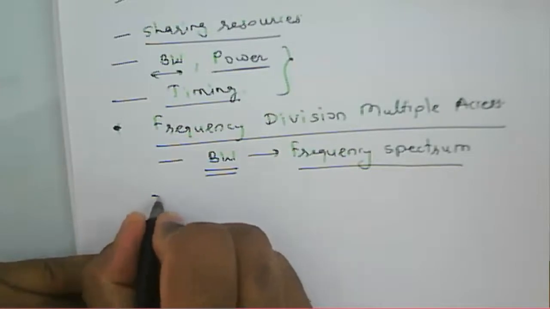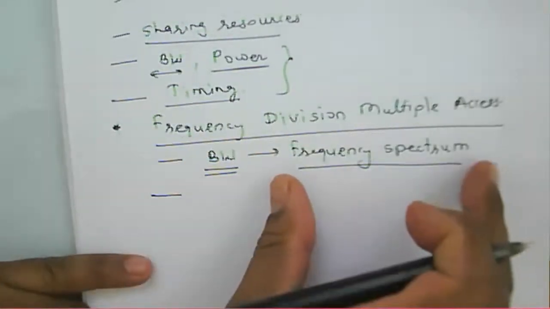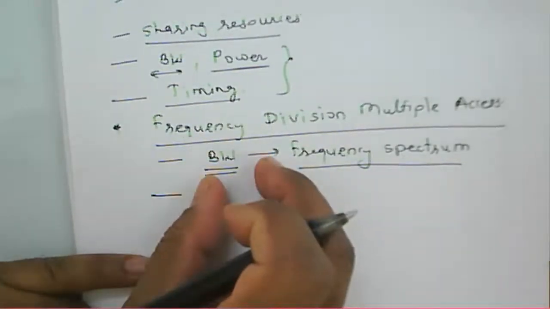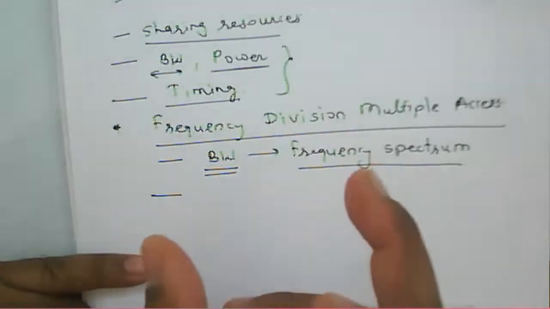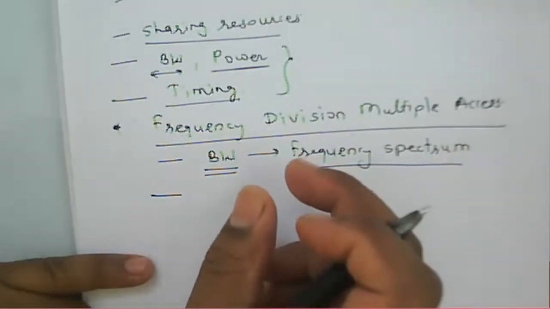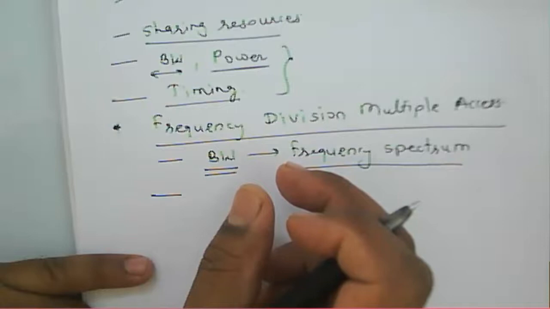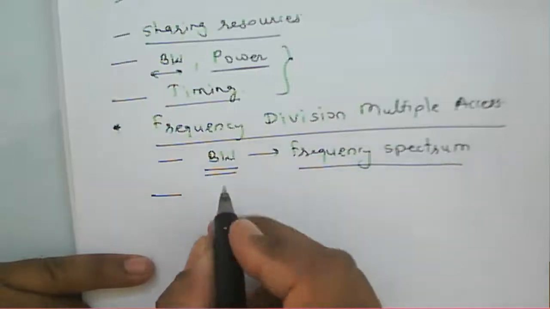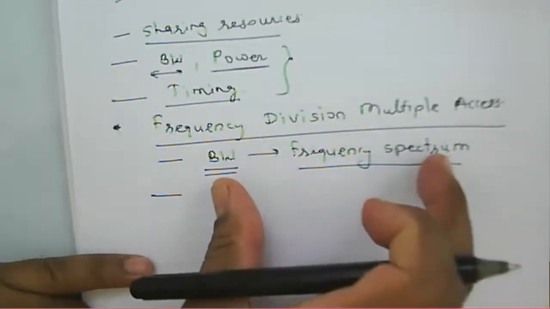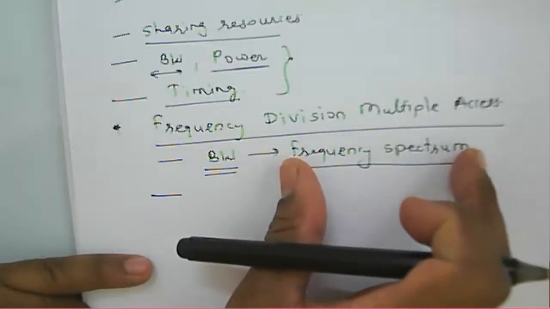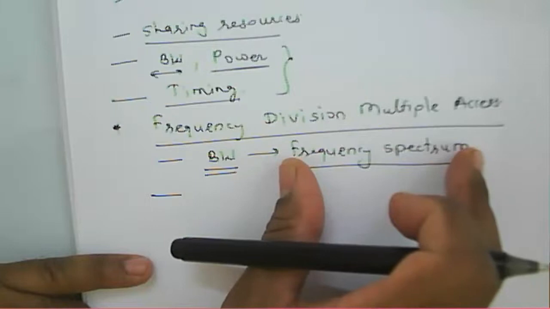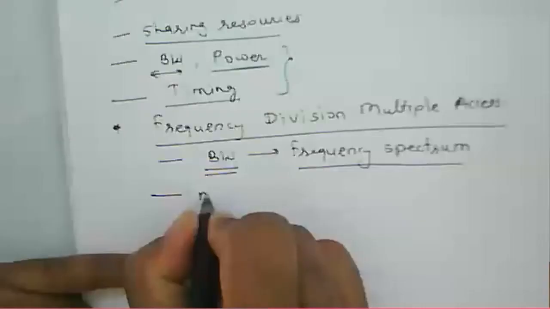To use the available frequency spectrum or bandwidth, the channel can be divided among multiple users, and dividing that channel means dividing the frequency spectrum among multiple users.